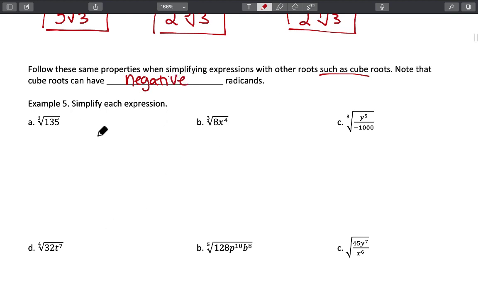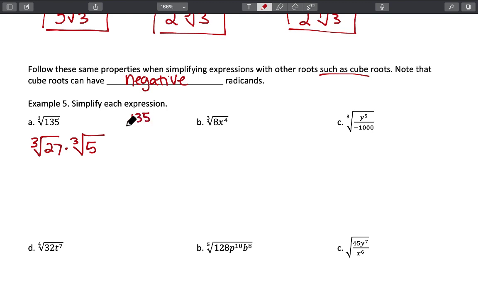All right, let's try simplifying some of these expressions now. We have the cube root of 135. So I want to think of factors that are perfect cubes and that divide into 135. Well, that is the cube root of 27 times the cube root of 5. Now, if you didn't know that, what you would start doing is taking your calculator and dividing by perfect cubes.